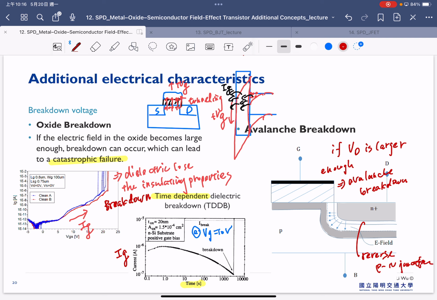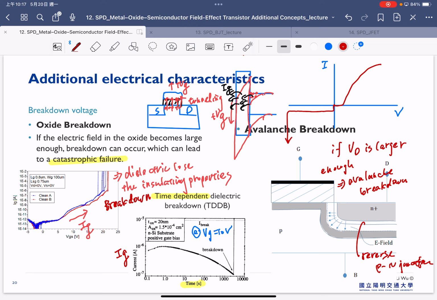In the previous lecture, we already mentioned that if we look at the IV characteristic for a PN junction, we have the forward characteristic like this. But also, in terms of reverse, after a certain point we start to see the breakdown.